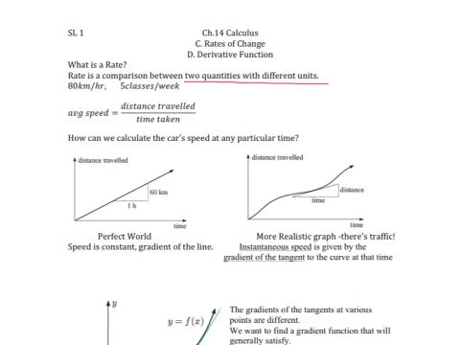So for a particular time, we're going to have to find the tangent line at that particular point to find an instantaneous speed.